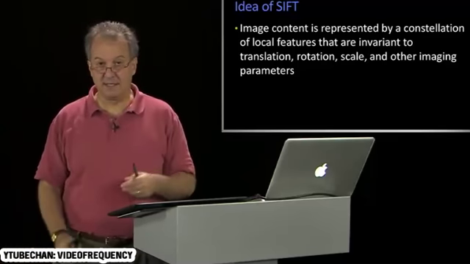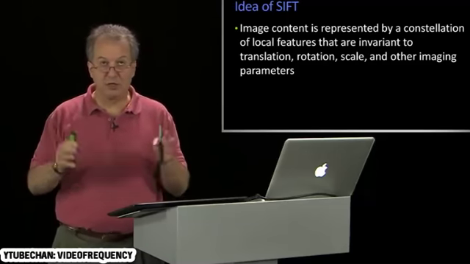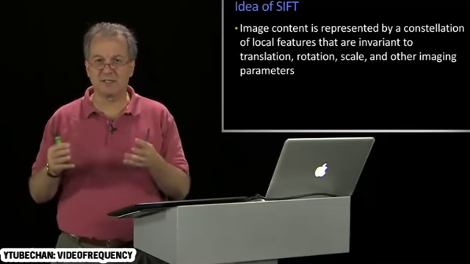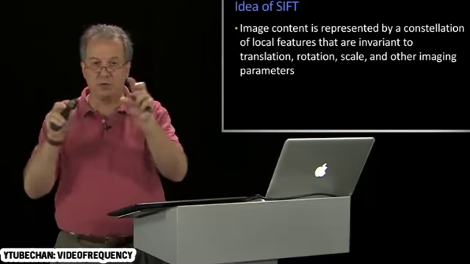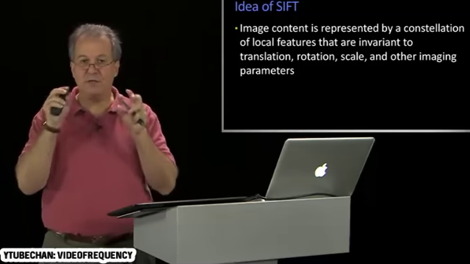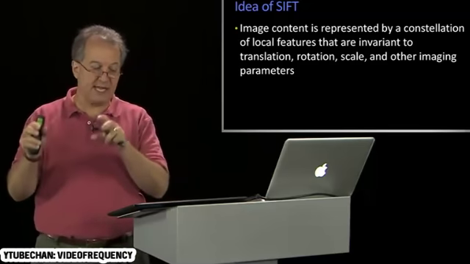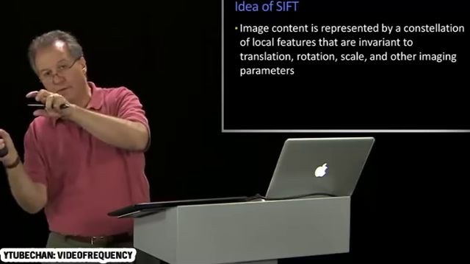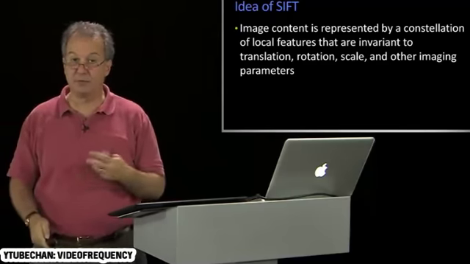You're going to take your image content, whatever your image is, and transform that into a representation. The word I like to use is a constellation. I'll show you one in a minute. A constellation of local features, and those feature descriptors will be invariant to translation, rotation, scale, and other sorts of imaging parameters. So if I take the object and move it over and get closer to it and change the lighting, I would get the same descriptors.